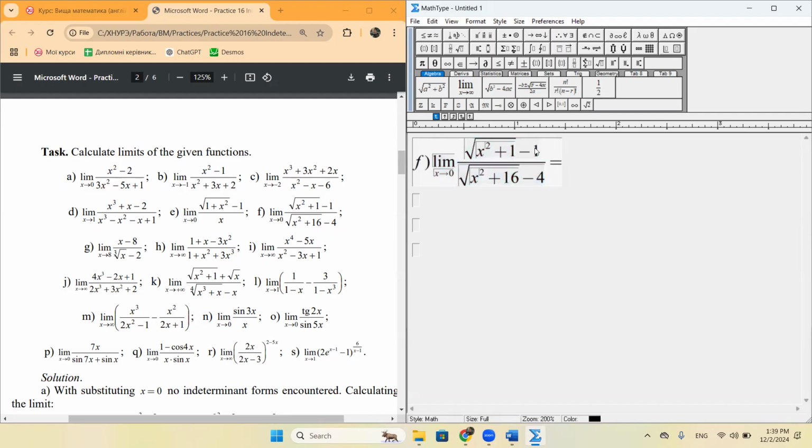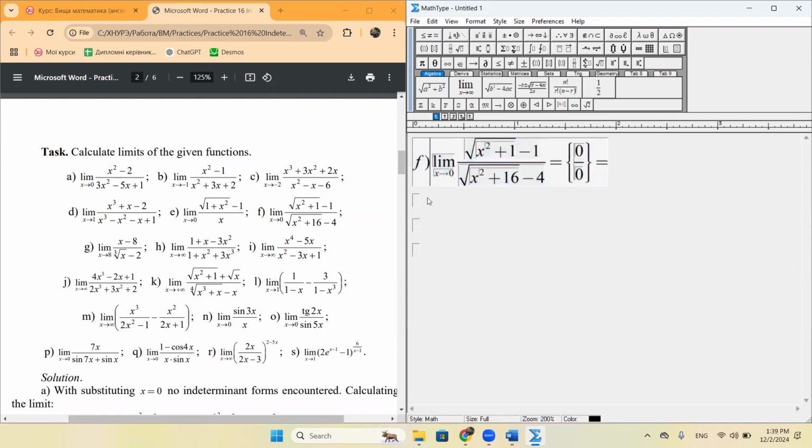So the same. If we substitute 0, we will get the indeterminate form 0 by 0. So 1 minus 1 and 4 minus 4, and that's not what we need.